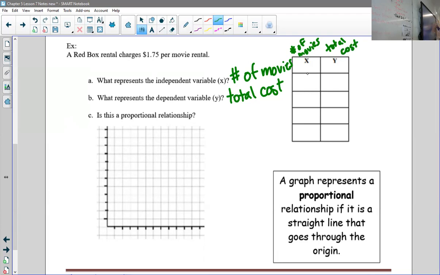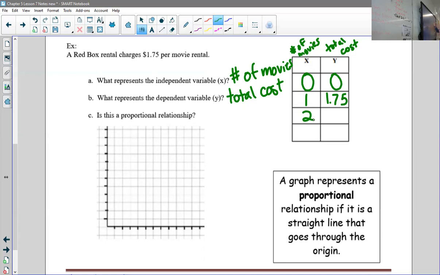So if I decide to rent no movies, I don't have to pay any money. But if I decide to rent one movie, I know that I have to pay $1.75. If I decide to rent two movies, well, now I have to do a little bit of math to figure out how much I have to pay.